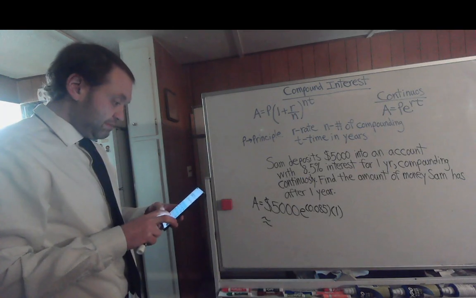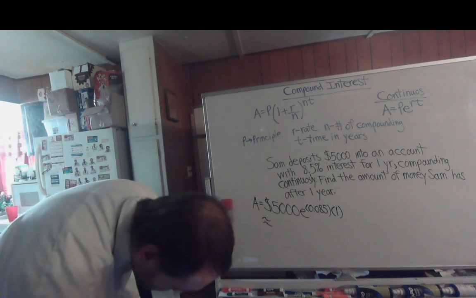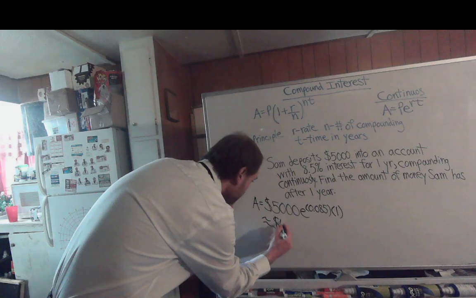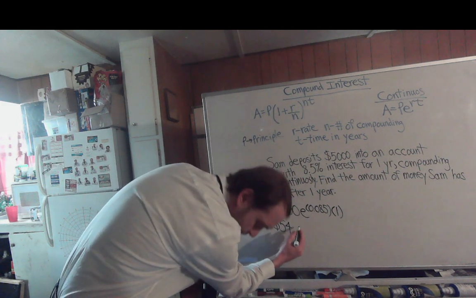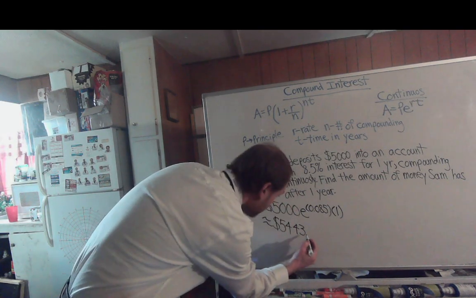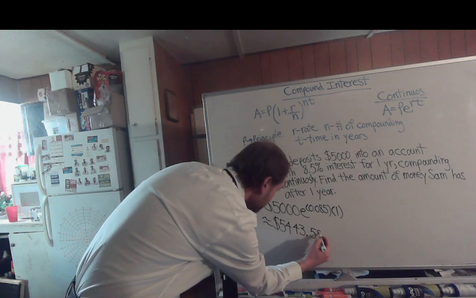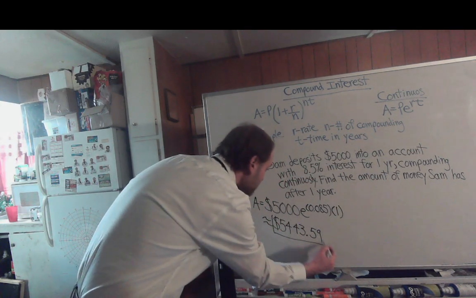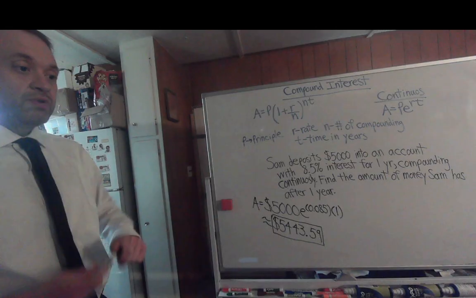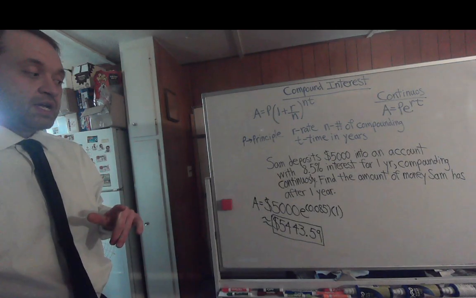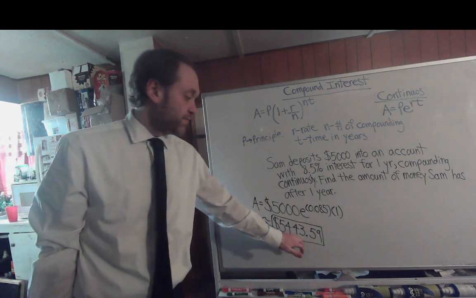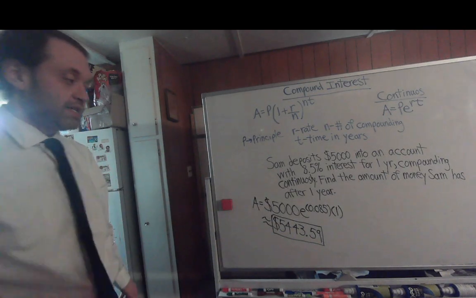You'll get that times 5,000. Now that's much better. You'll get $5,443.59, roughly speaking. So after 1 year, if this interest compounds continuously, then he'll have $5,443.59.